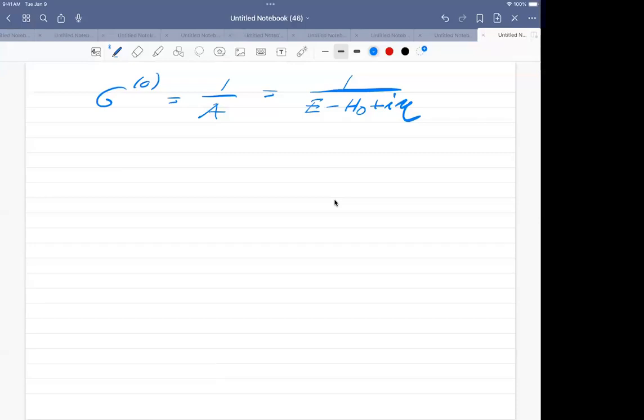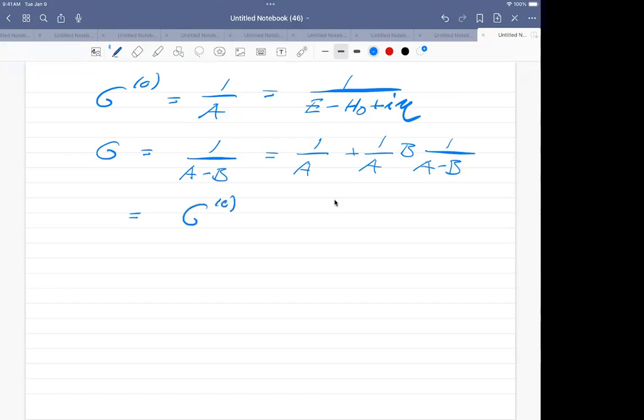So that means that when I look at the Green's function now, since I define G to be 1 over A minus B, I can rewrite that as 1 over A plus 1 over A times B and 1 over A minus B. And I'm going to simply plug in these definitions. So you see now that I can rewrite this as G0, which is actually this term here.